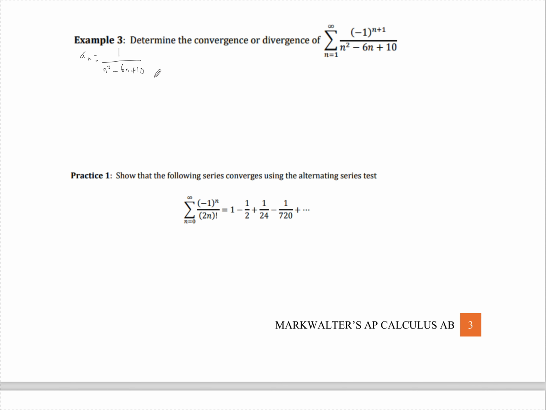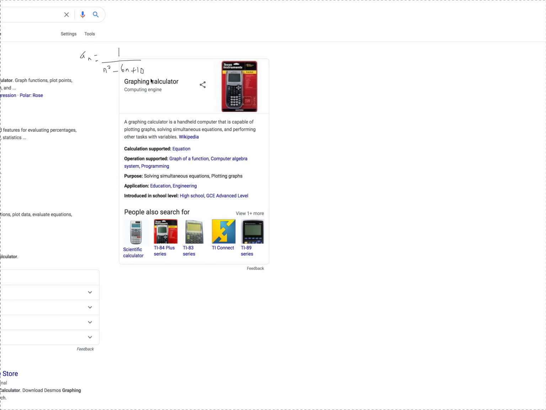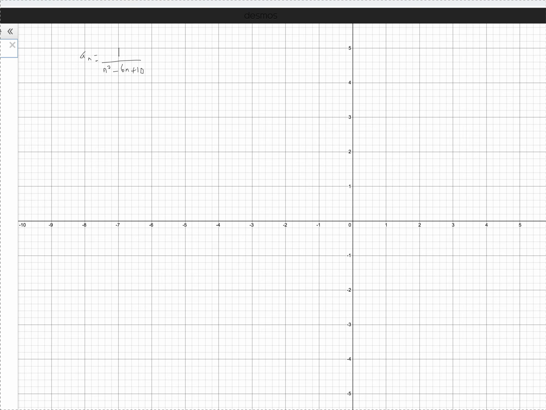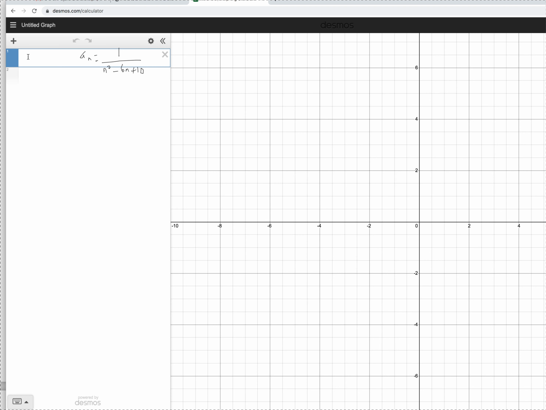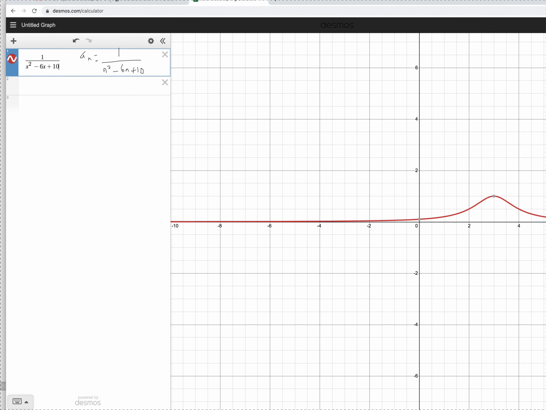So if we want to, we could see if, for example, it is possible to factor this or figure out if this thing is going to be greater than 0. This might be a good place to pull up a graph to visualize this stuff. If I turn this into a function, it'd be 1 over x squared minus 6x plus 10.